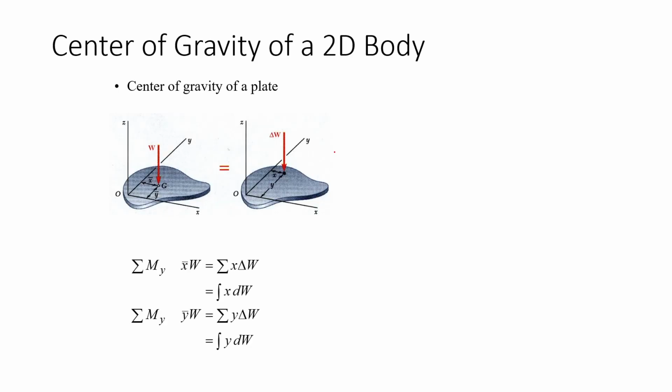Okay, so for example, this is your material. Let's say it's a plate. So in physics, we usually determine the center of gravity by using the weight of the material.